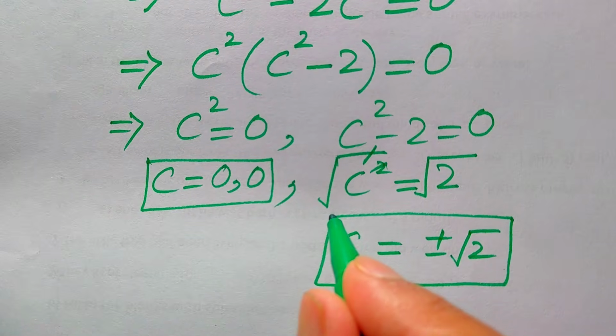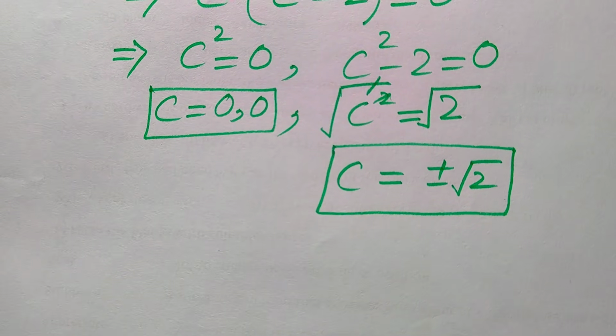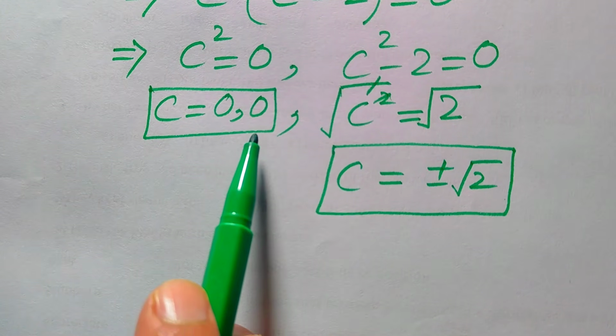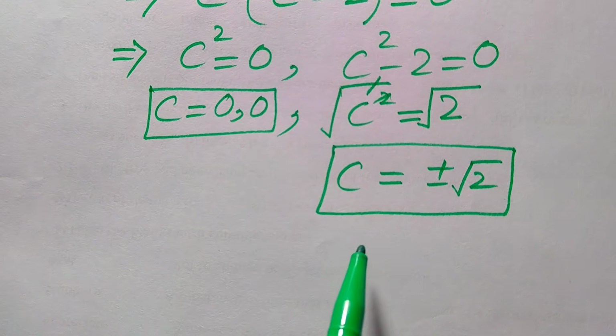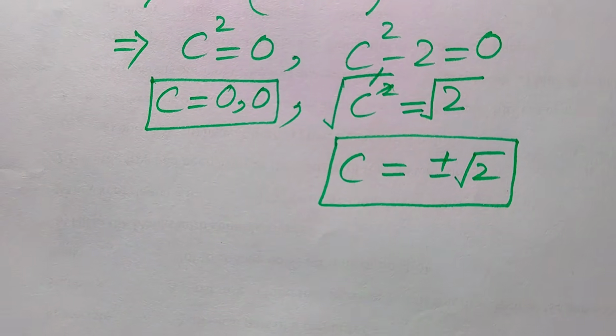So these are the other two real roots of the given equation. So there are four roots of the given equation, in which two roots are repeated, and three roots are distinct: 0, plus square root of 2, and minus square root of 2.